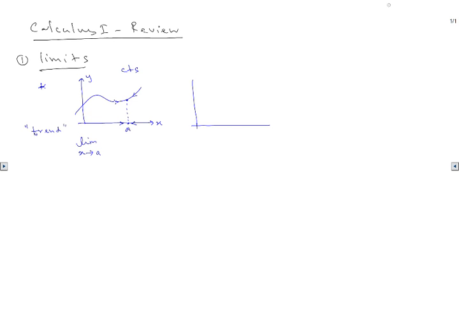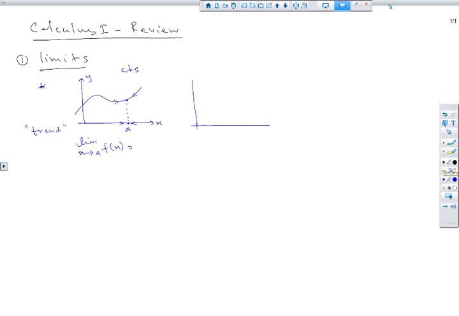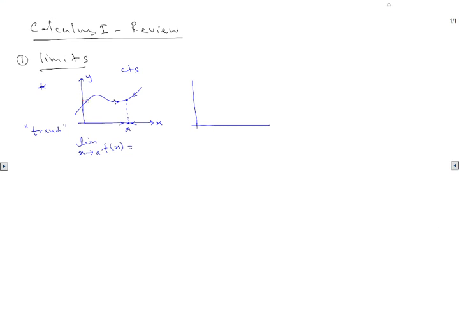What happens when x reaches a from both sides? If I call this function y, or you can just say f(x) if you want, whatever the value is here, if I say that value is L, then the limit is L. So when x goes to a, the function reaches the value L. That means if you have a continuous function, this is easy.